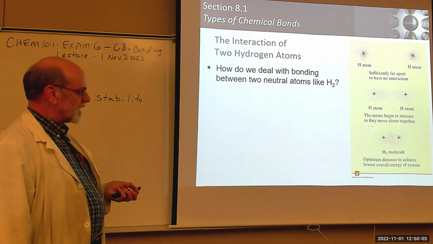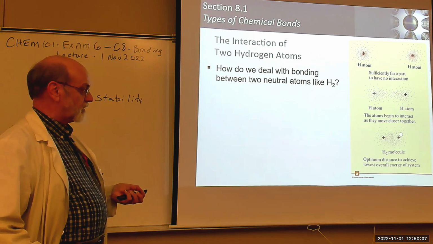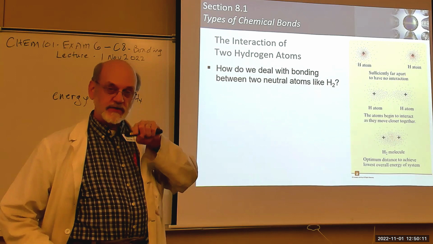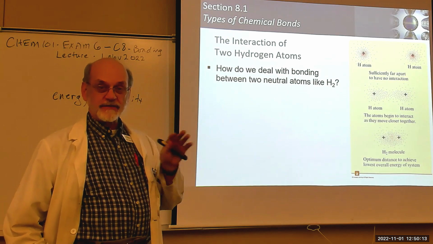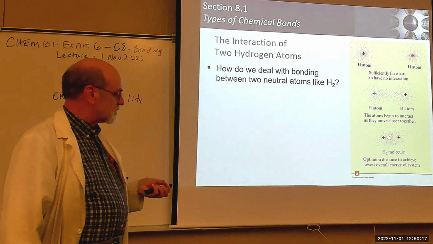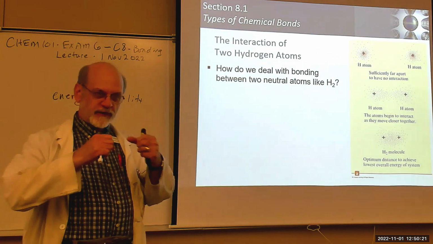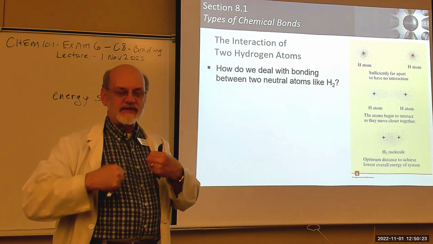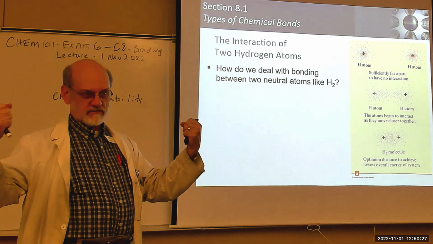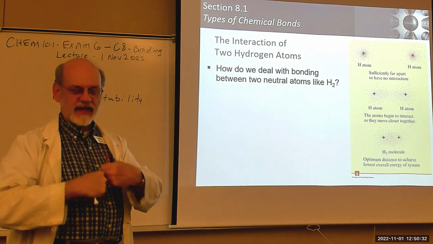Once they get to a certain distance, you get an ideal overlap. And one thing that is consistent between the ionic and the covalent is that this is a minimum energy state. These two atoms are at the perfect distance to minimize the energy. In other words, they had energy here, and the combined energy went down to a minimum, and that's where they bond.